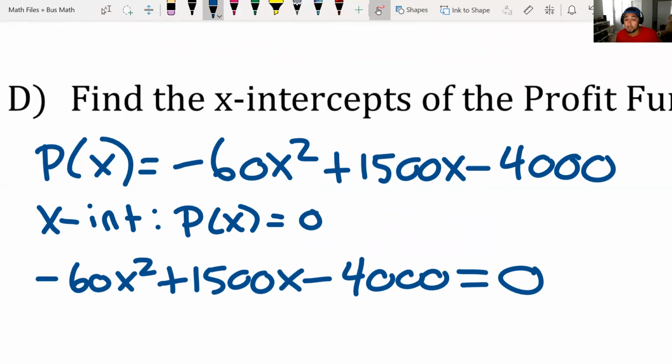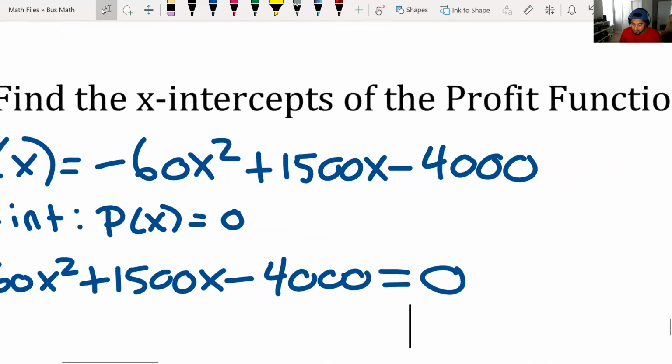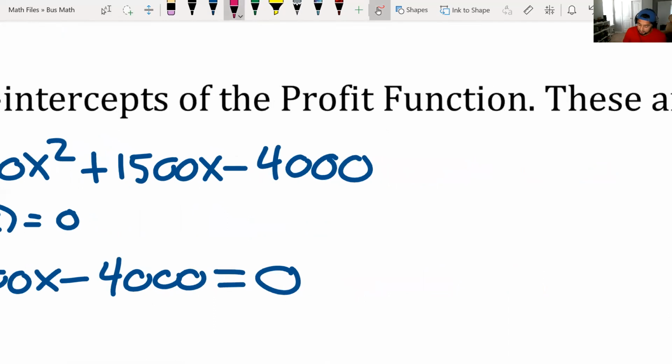There are multiple ways to solve a quadratic equation. We can factor, we can complete the square, or we go to our good old friend, the quadratic formula. And for this one, believe me, you're going to want to use the quadratic formula. So again, just remember that this is in the form of ax squared plus bx plus c.